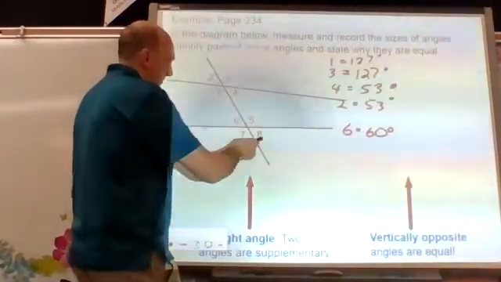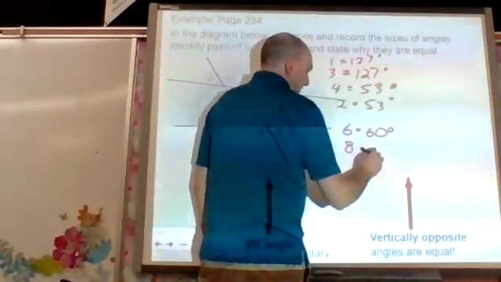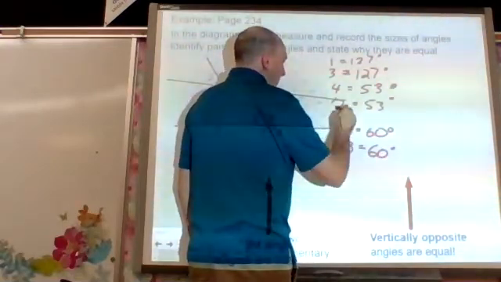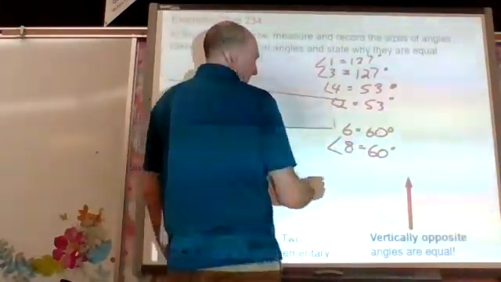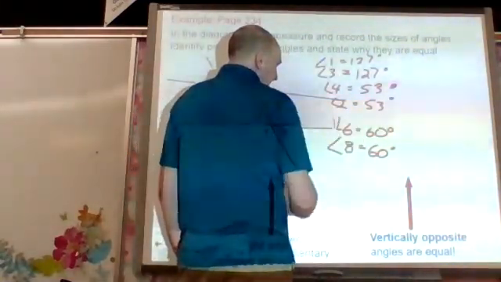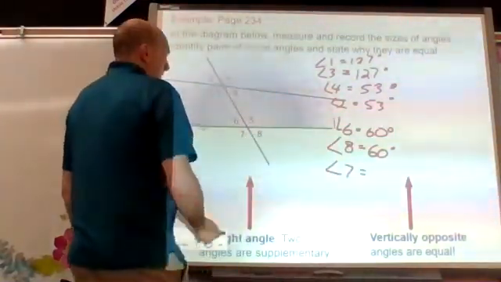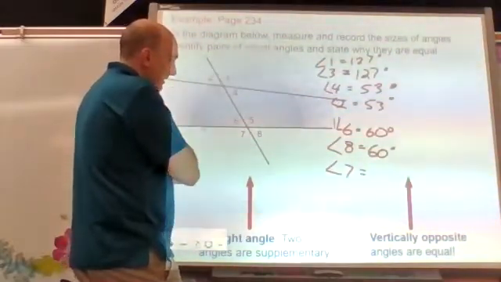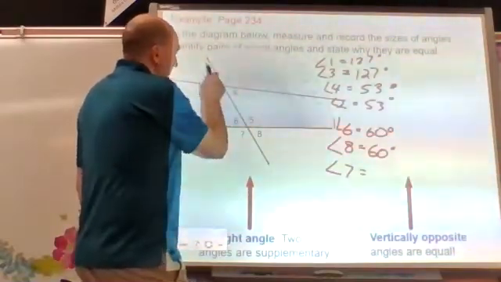Its vertically opposite side is 8. Angle, angle, angle, just to make it clear that these are all angles I'm measuring. Angle 7 then, which, as you can see, is supplementary to angle 6. Well, let's go with 5 first because I can actually see it on here as well.